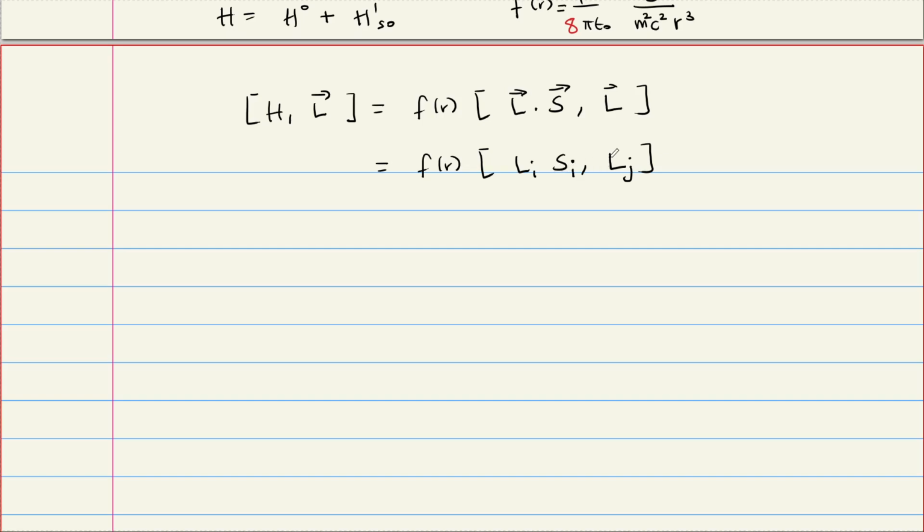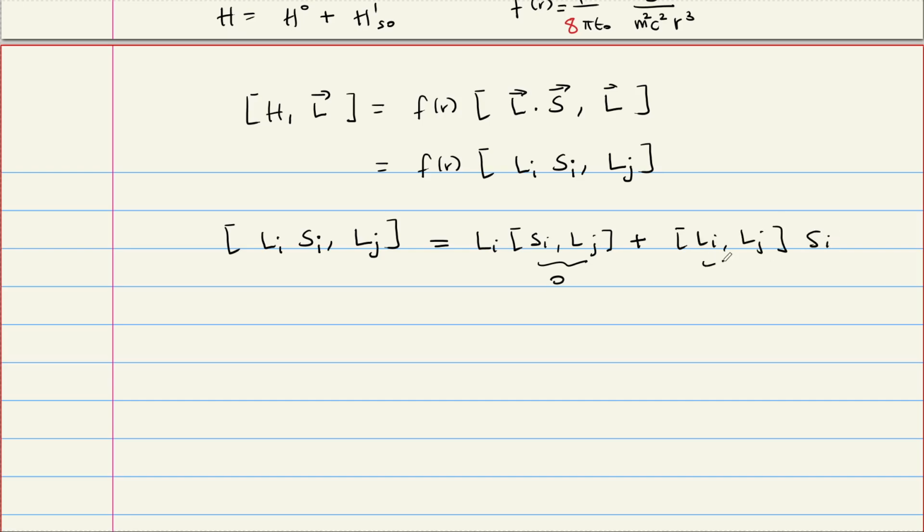We need to calculate commutators, and they are not long. How do I calculate this? So this thing is equal to L_i S_i L_j, which is 0, plus, so this is 0 because L and S are completely independent things, L_i L_j S_i. What is L_i L_j?